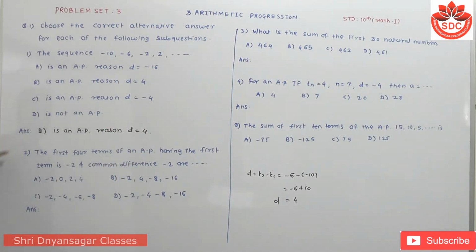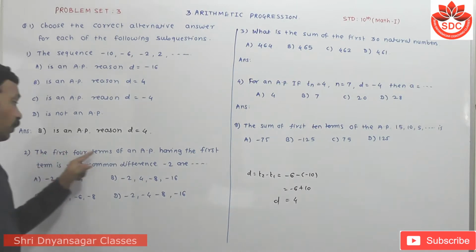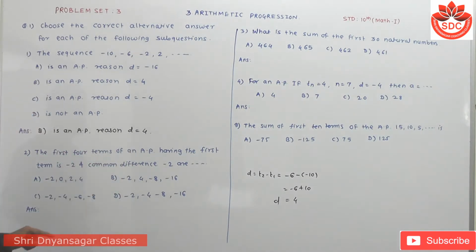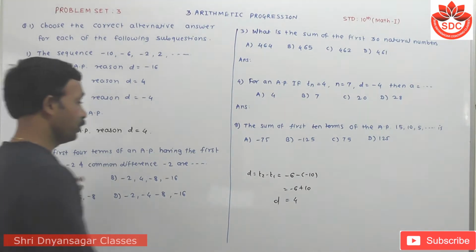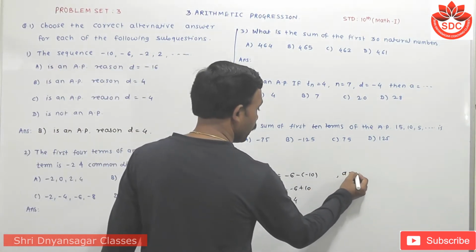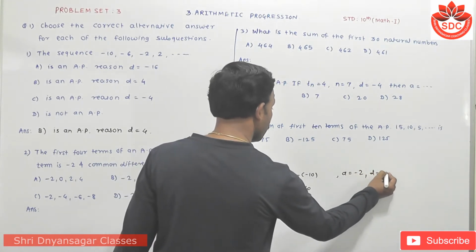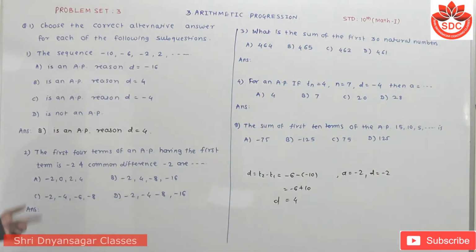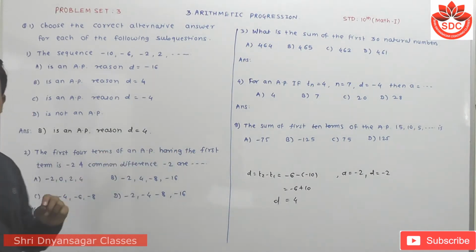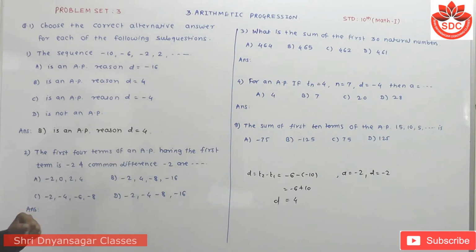Okay, then we take the second sub question. The first 4 terms of an AP having the first term -2. Students, look here. The first term means A is -2 and the common difference is also -2. Look carefully, if the first term is -2 and the common difference is also -2, you have to add the difference to get the next terms. T1 is -2.